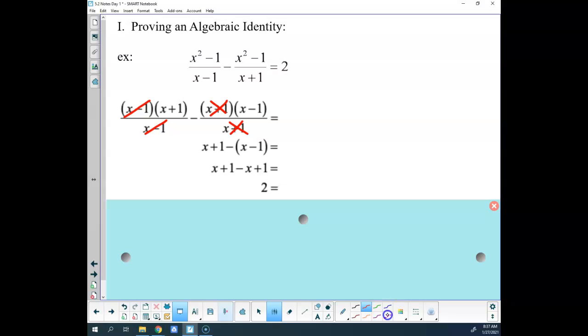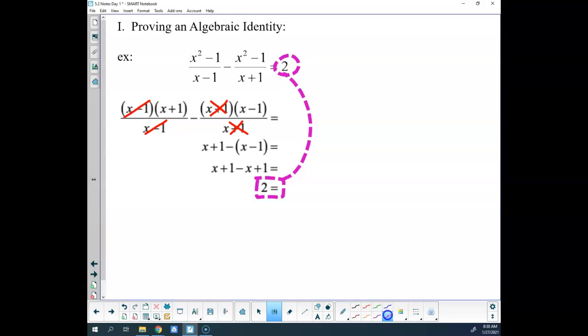So then 2 here is equal to 2. You know that you can stop once you have the other side. Okay? That's how you know when you're done. You know you're done when you reach the other side, when you've got what the other side is written.